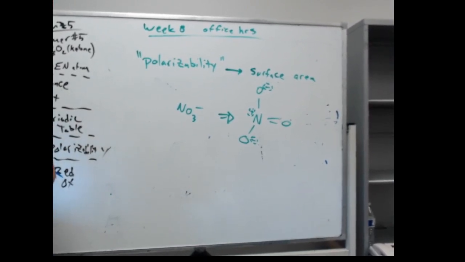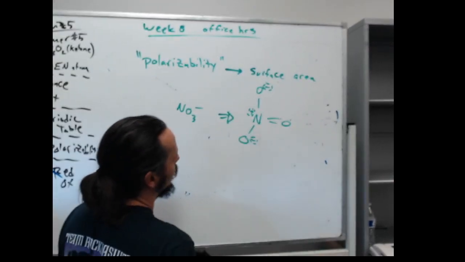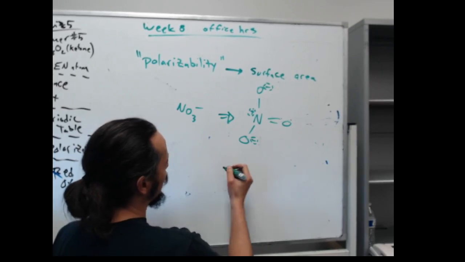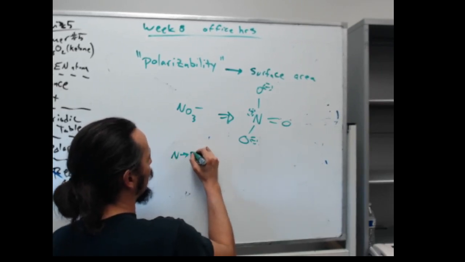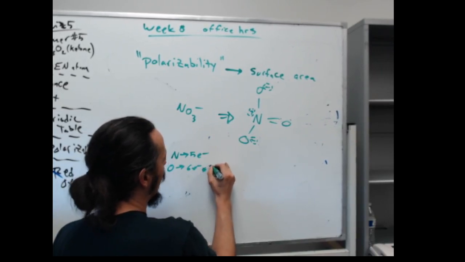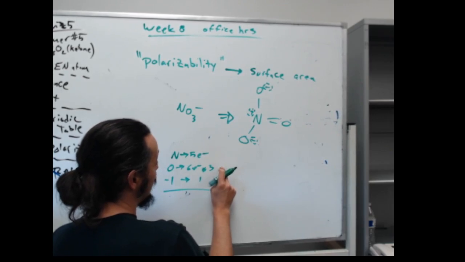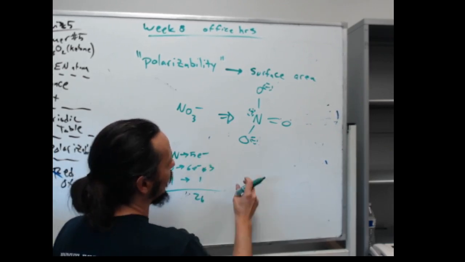Did I forget something? 2, 4, 6, 8. I think that's right. I should go through the whole process to make sure I did it correctly. I don't want it wrong on video. Let's double check this. Nitrogen is 5 electrons. Oxygen is 6 electrons, and I've got 3 of them. I've got the -1 charge for 1 more. That's going to be 18 plus 8. That's going to be 26 electrons.